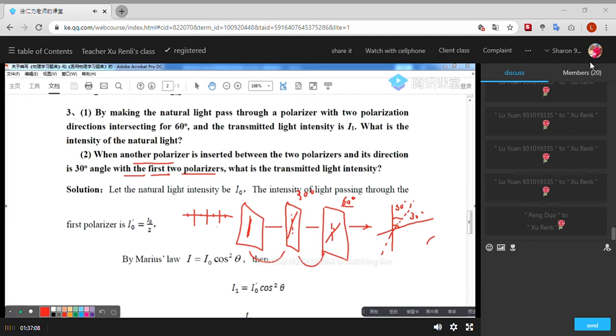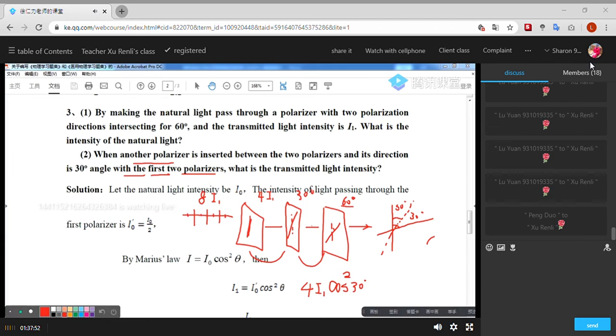We also use Malus's law. The intensity of the natural light is 8I1. When it passes through the first polarizer, the intensity becomes 4I1. When it passes through the middle polarizer, the intensity is 4I1 times cosine 30 degree squared.